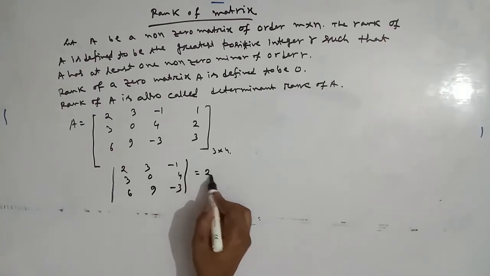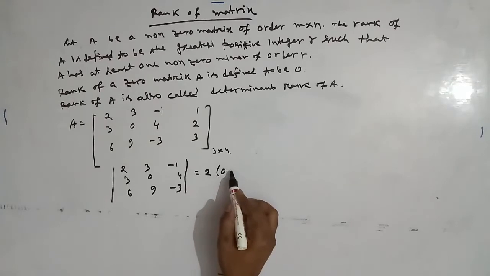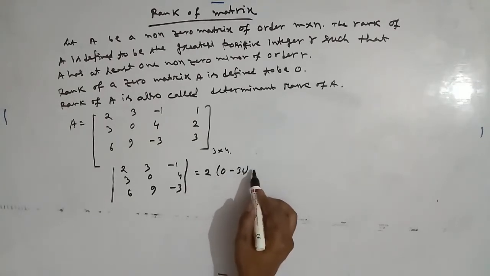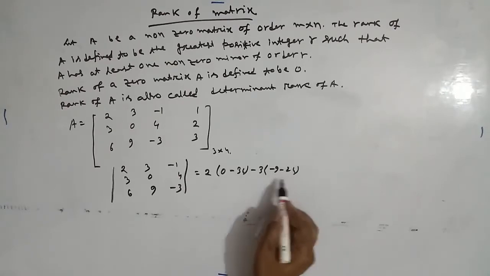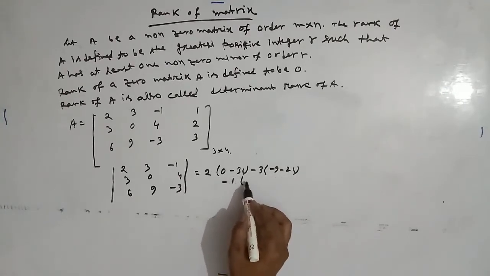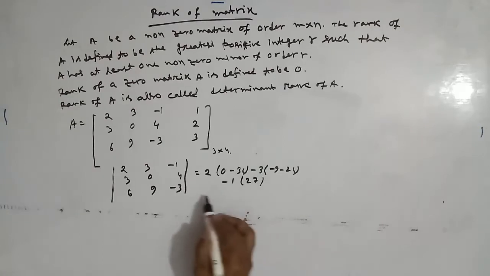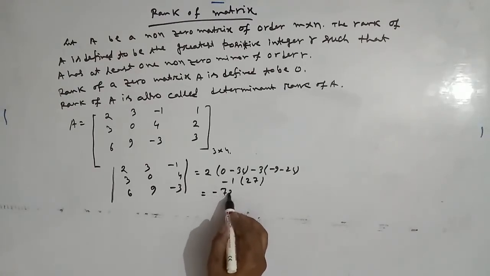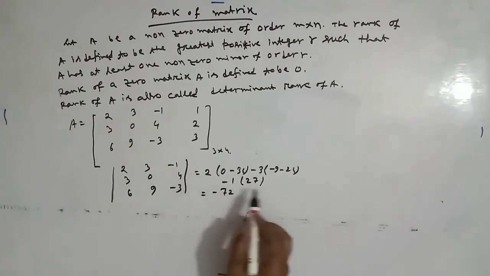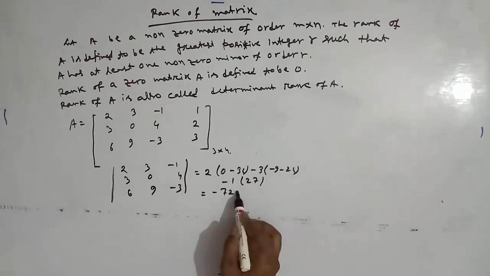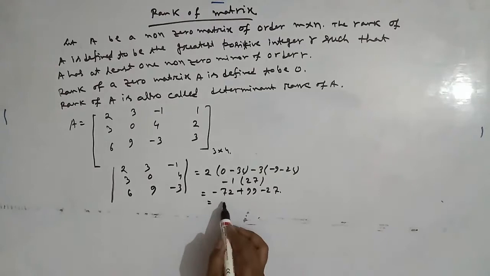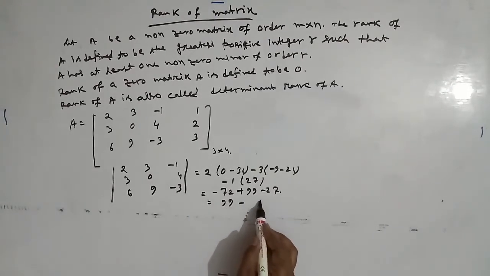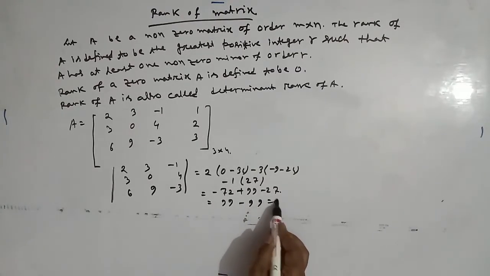This will be 2 into (0 minus 36) minus 3 into (minus 9 minus 24) minus 1 into 27, so minus 72, this will be minus 33 plus 99 minus 27, so this is 99 minus 99, which is equal to 0.